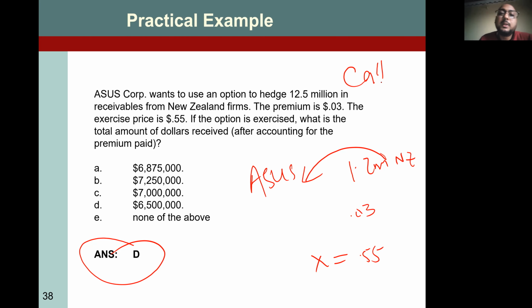So they are receiving 1.2 million New Zealand dollar.